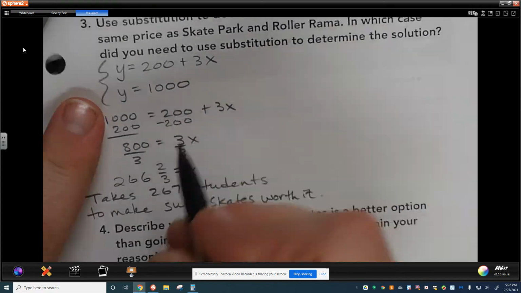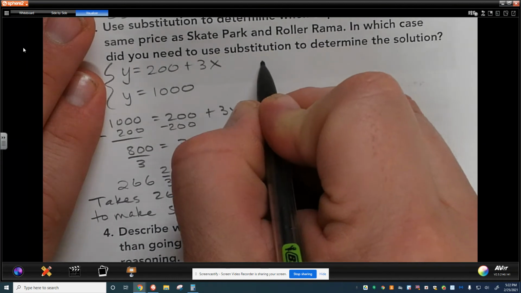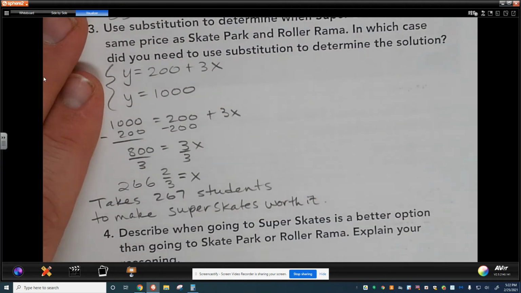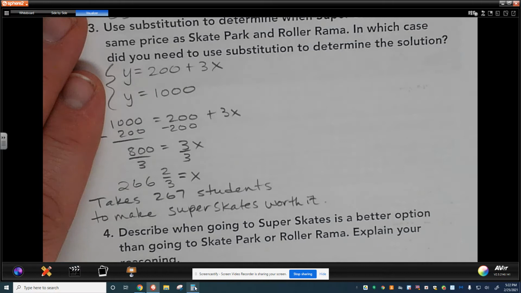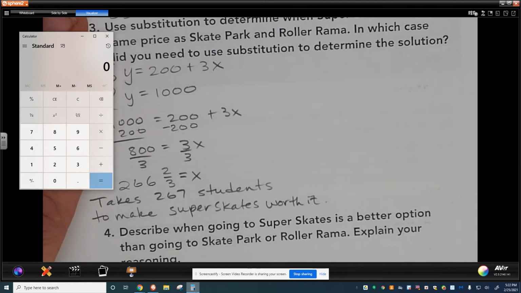And I know that because if I take this number, 267, put it in right here, let's just show it in our calculator. Let's go 3 times 267 is 801. Plus 200 more dollars.